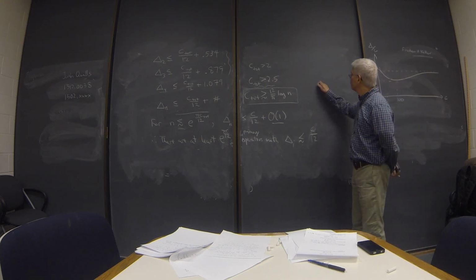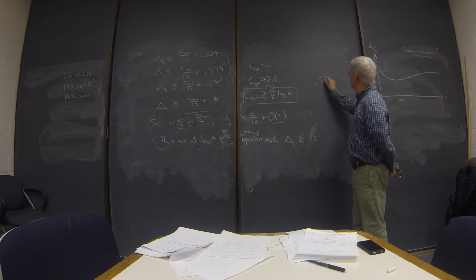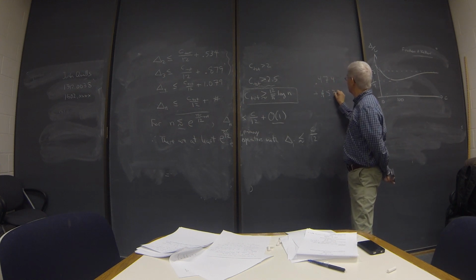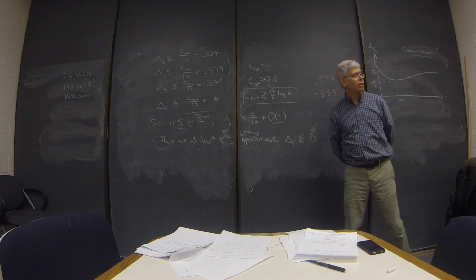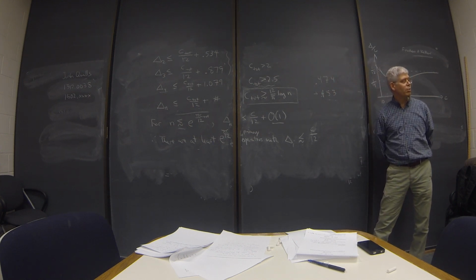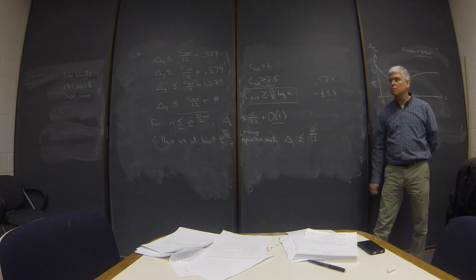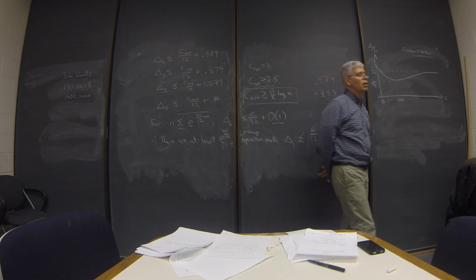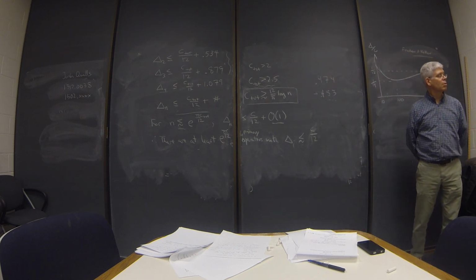For example, instead of 0.474, this gets changed to, I think, 0.453 or something like that. That constant bounding delta 1, okay? And so all of these just get changed by a very small amount, a couple of percent.